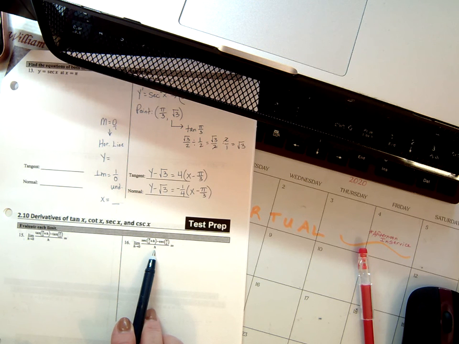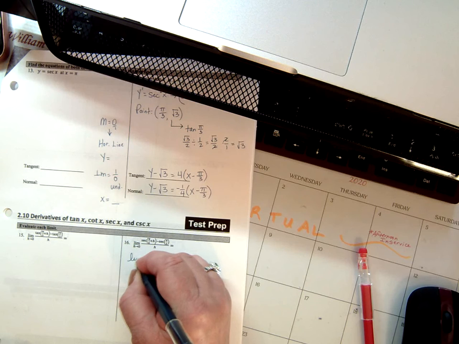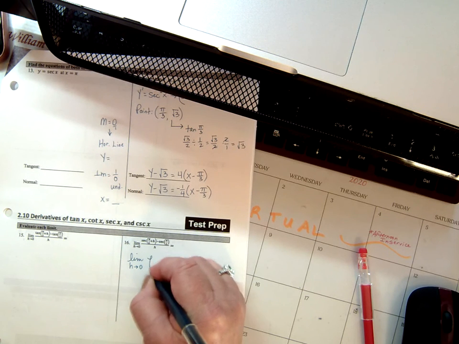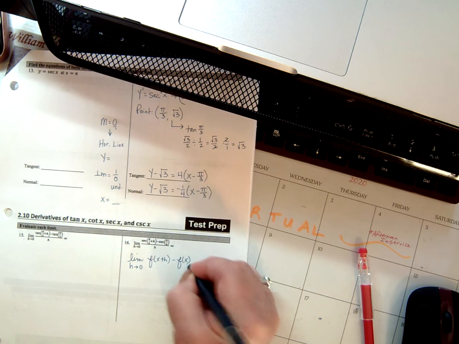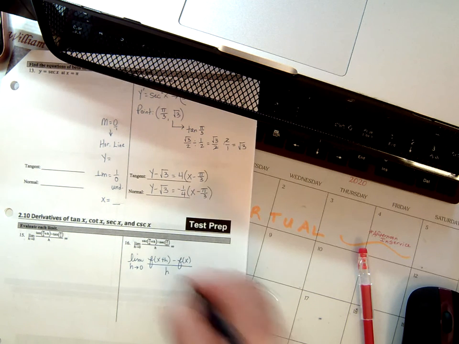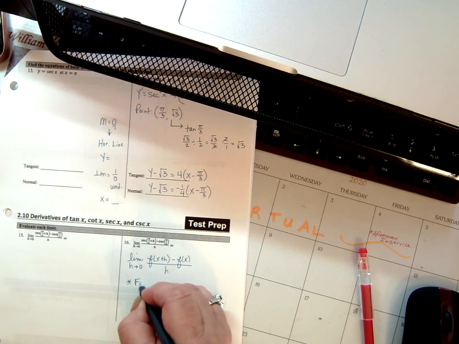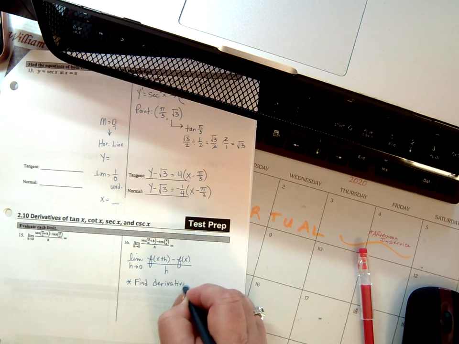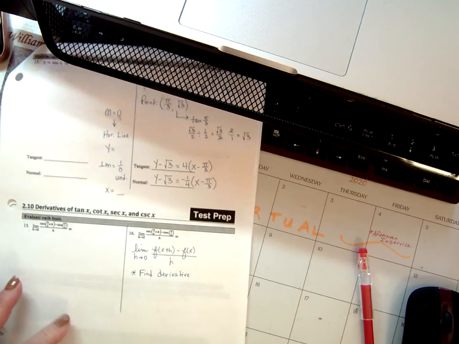So we're kind of thinking of this. You don't necessarily have to write this. I'm just going to write it so you can see it. f of x plus h minus f of x all over h. In other words, it wants me to find the derivative. Evaluating that limit is the same thing as finding that particular derivative. Now, if I'm finding this derivative, that means I've got to figure out what the function is, right?